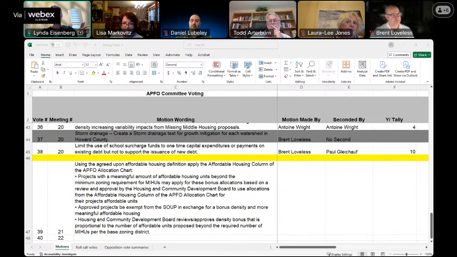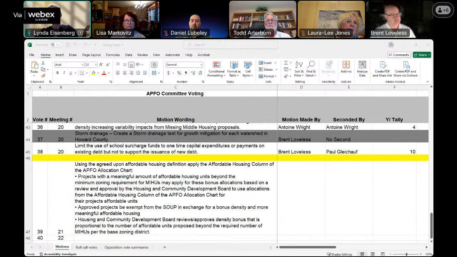In order to get those 10 units, you would have to go to the Housing Commission to say, I need 10 units, and here's how I'm going to make these affordable. The Housing Commission would have to approve those 10 units. So they would have to be some type of MIHU or better, LIHU or DIHU to pull that, and the Commission would be the determining factor on that. But they need to be incentivized to do that, perhaps.